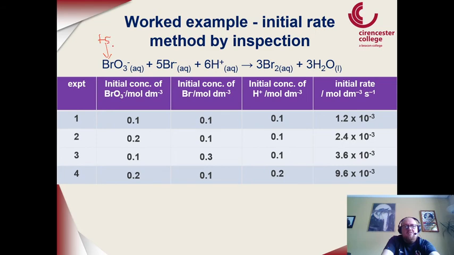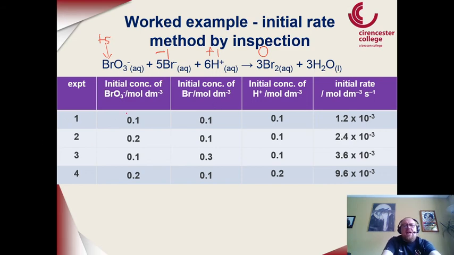We have bromide in a -1 state. We've got H plus in a +1 state. We are turning the bromine into 0 state because it's in its elemental form. So we can see that actually we've got a redox reaction happening here.